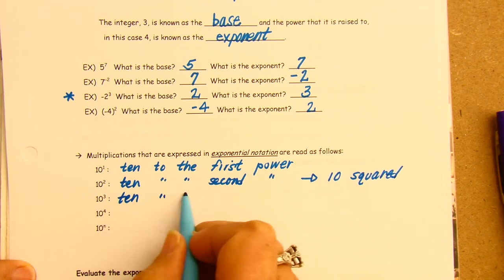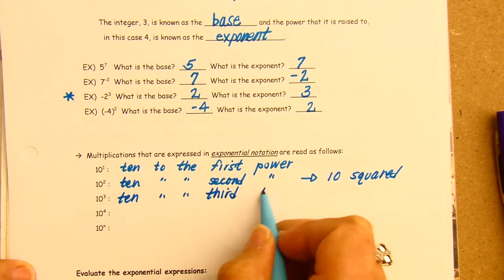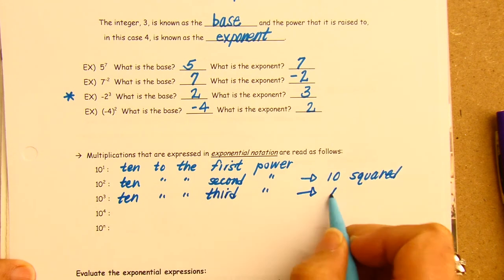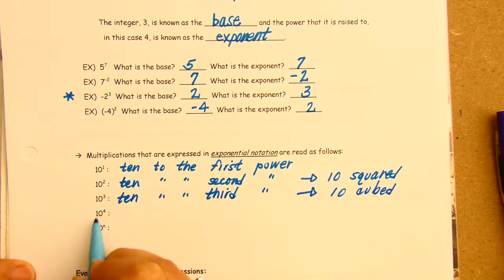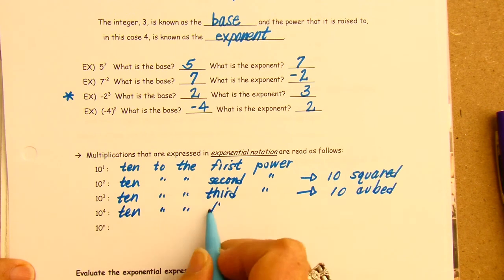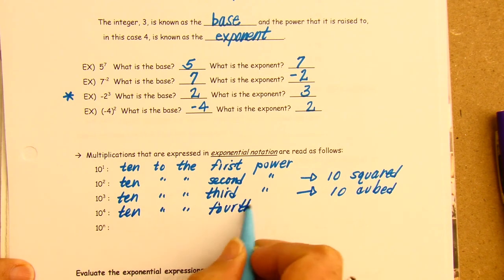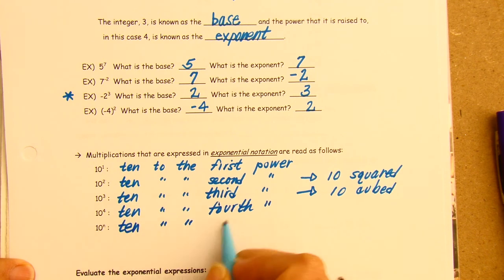That's 10 to the third power, or 10 cubed. 10 to the power of 4 would be 10 to the fourth power. And then here we have 10. The exponent this time is n. This would be read as 10 to the nth power.